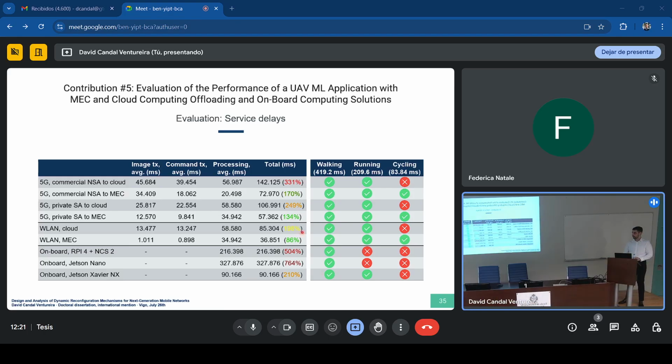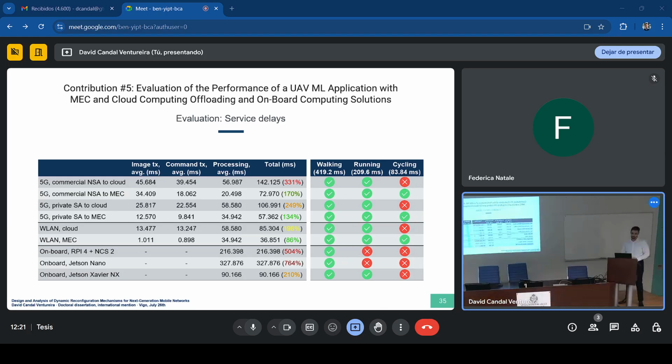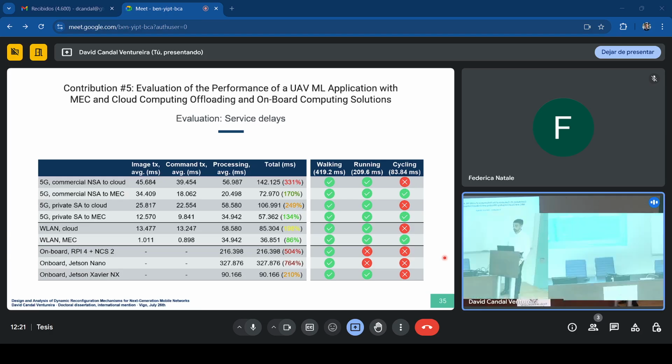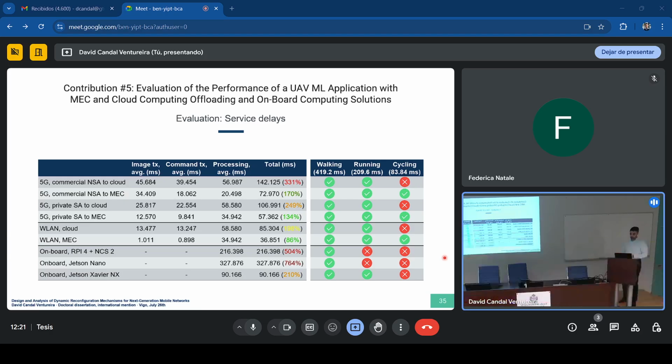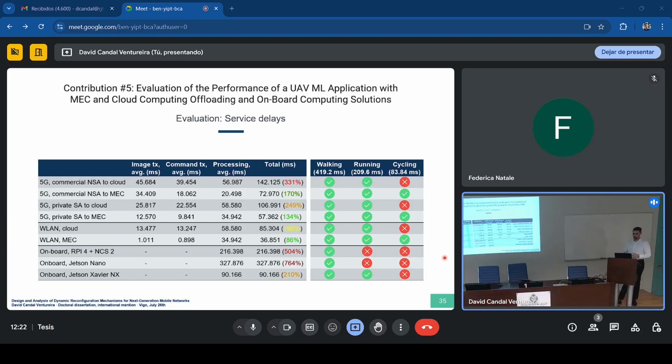And in offloading, all the solutions can track a person running, but only solutions using edge computing can track a person cycling. Of course, this is adapted to our use case, and results will depend on the computing requirements of the use case being analyzed.